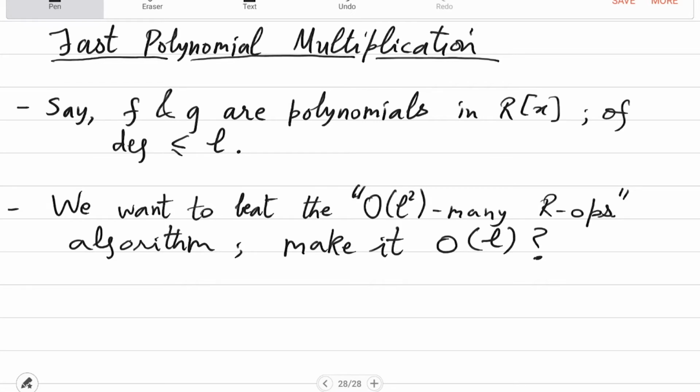Right? So you use that property. That evaluation is a homomorphism, so you can actually as well work with evaluations as far as multiplication is concerned. So that's the trick. That use evaluations.